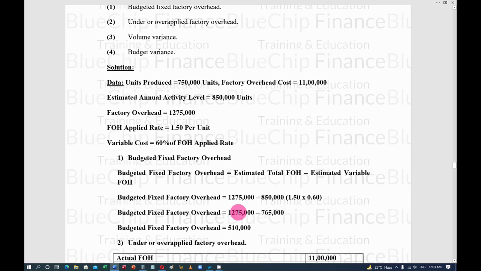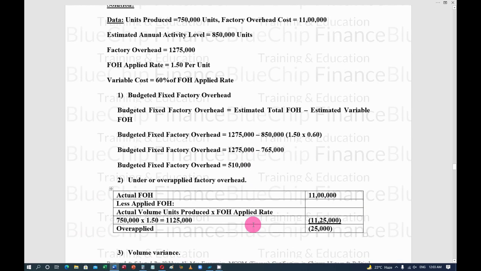So 1,275,000 minus 765,000 equals 510,000. That is the budgeted fixed factory overhead.